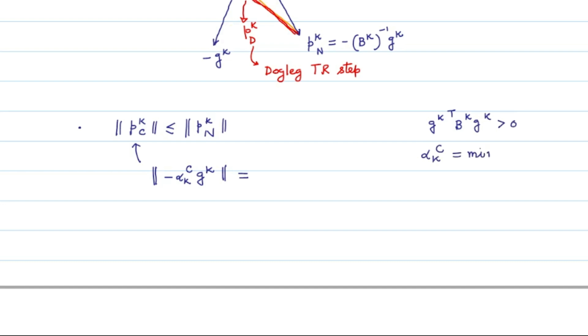Please revisit the earlier locations where we have given the expression of alpha_k^C as the minimum of two quantities.